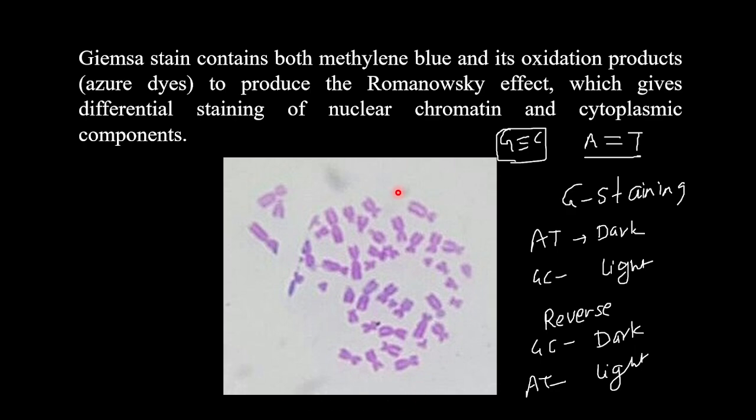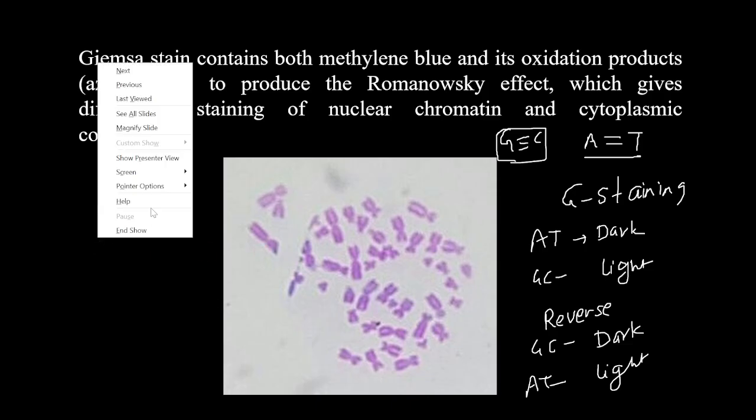All the chromosomes are scattered, and they have a certain banding pattern. According to the centromere position also you can recognize whether this is chromosome number 1 or chromosome number 2. Similarly, on the basis of length also.